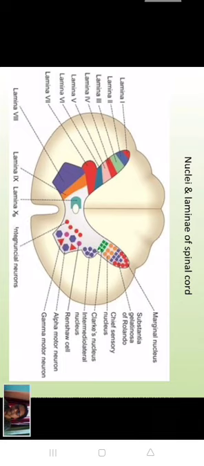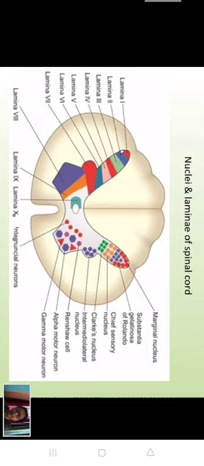And at the basal side of the posterior horn is situated Clark's column, or Clark's dorsal nucleus. So in the posterior horn, four types of neurons are present: marginal nucleus, substantia gelatinosa of Rolando, chief sensory nucleus, and Clark's nucleus.